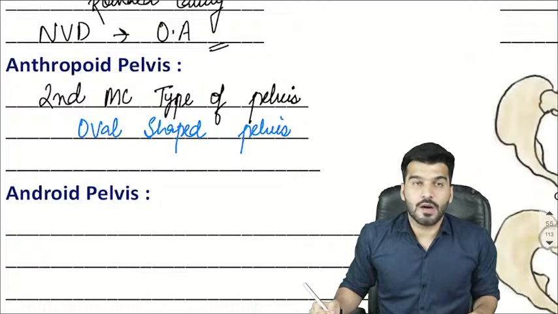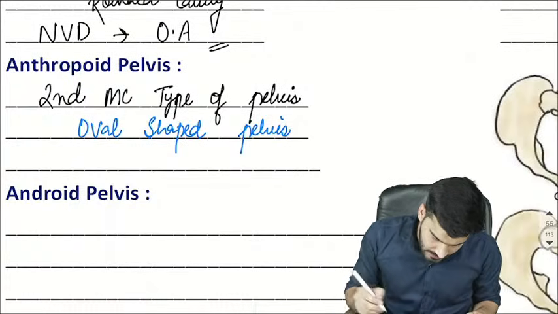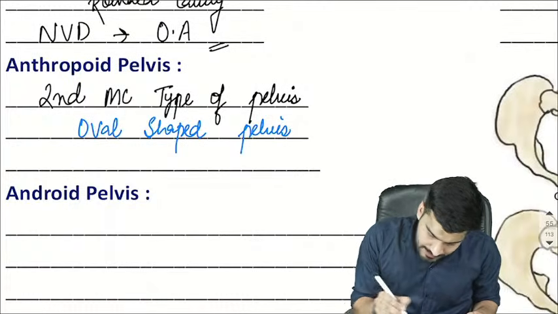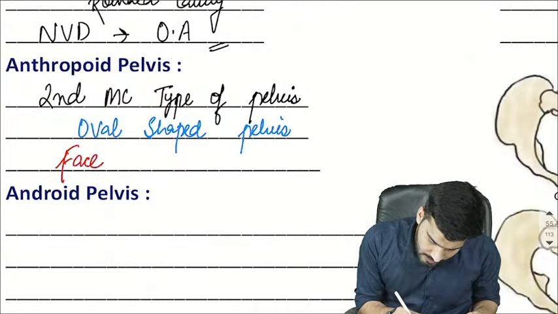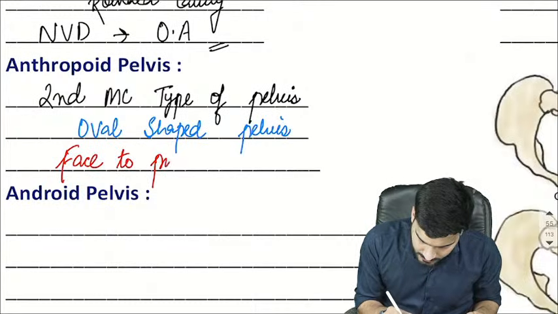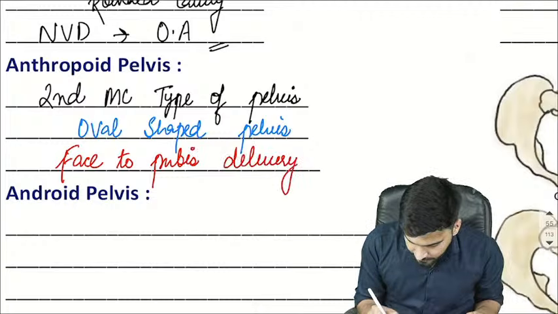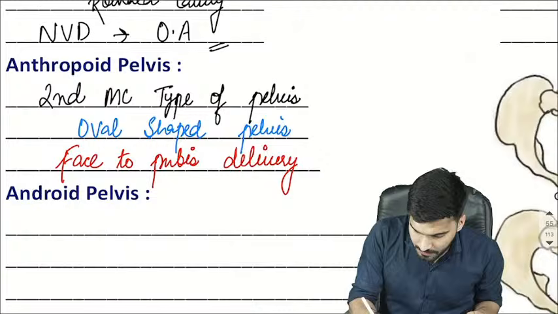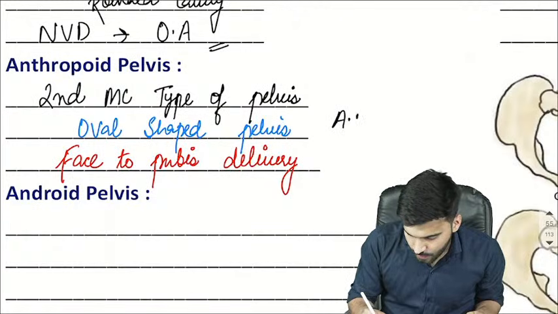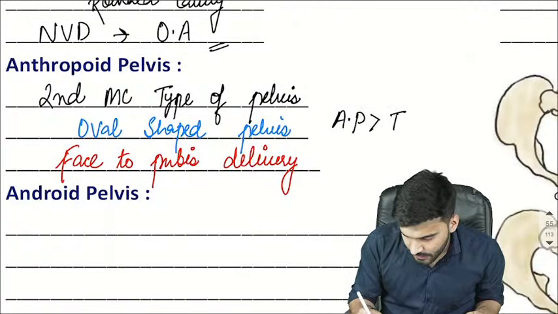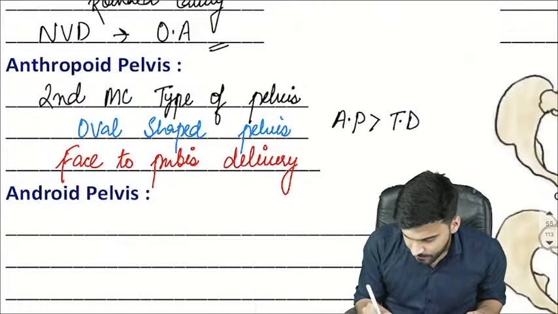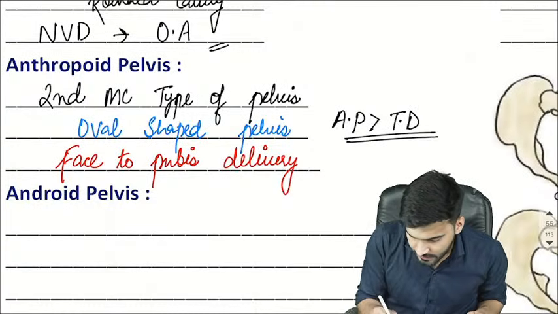The type of delivery seen with anthropoid pelvis is face to pubis delivery. And do remember that the antero-posterior diameter is more than the transverse diameter.